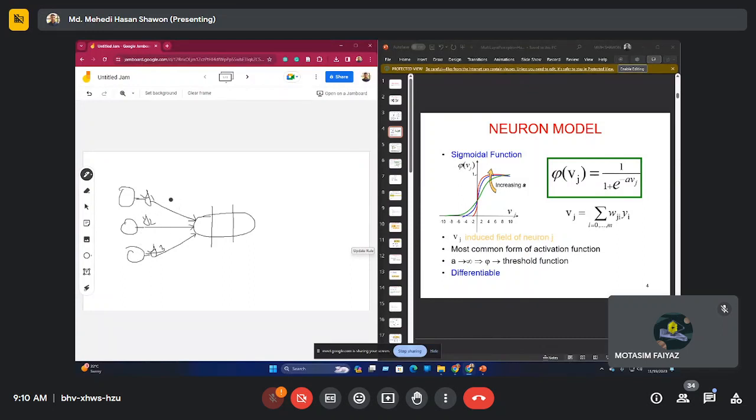Everyone? Yes, sir. And each connection has some weights. Suppose this is a weight from 1, 2, and this neuron is 1. This is the J layer and this is the K layer, suppose. So the K layer first neuron, your W11, W12, W13. Suppose I just rename. So here Vj is the summation of those input values with their weights.